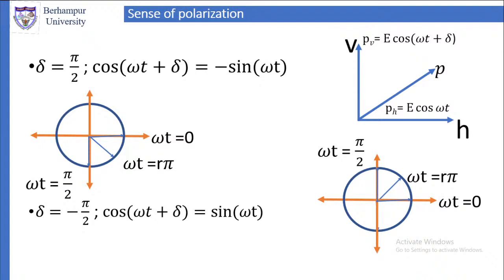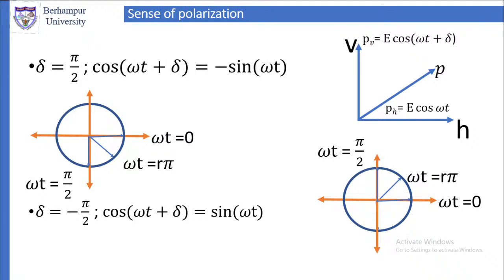As you keep on increasing omega t from 0 to pi, you will complete the circle in a clockwise direction. If it is in the clockwise direction, then it is right-hand circular polarization. So delta is equal to pi by 2 gives the right-hand polarization sense.